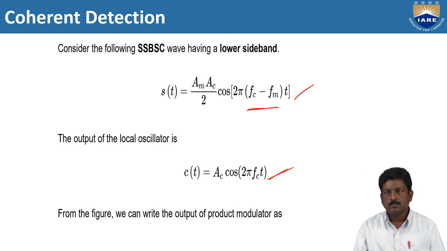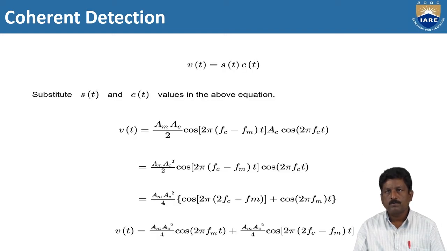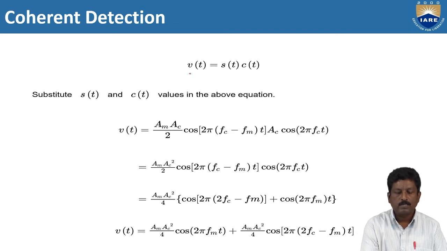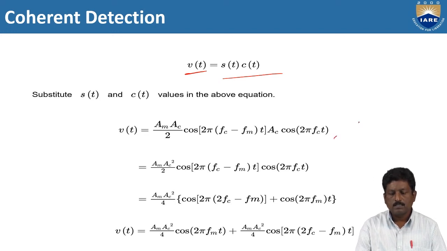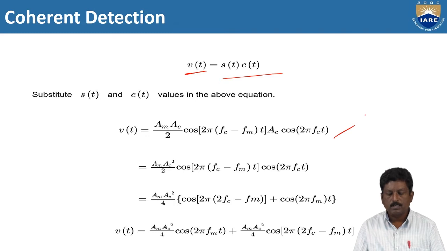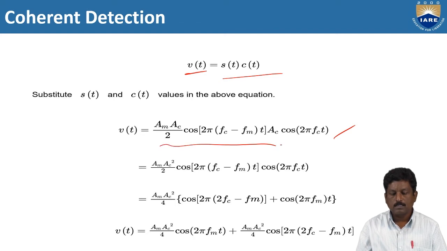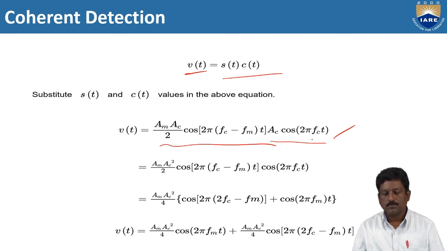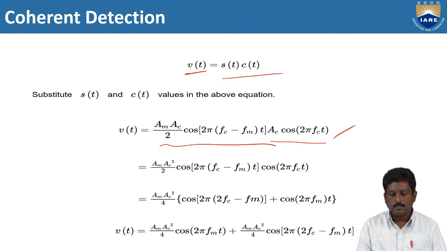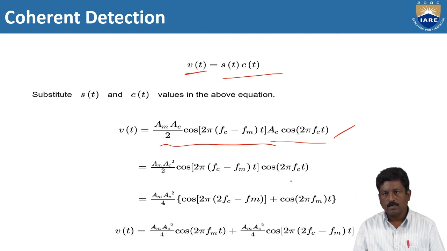Once you have these two, the output of the product modulator is given by e(t), the product of both input signals c(t) and s(t). By applying the cos A cos B formula and substituting s(t), the lower sideband Am Ac/2 cos 2π(fc − fm)t, and the carrier signal Ac cos 2πfct, you get a combination of both low frequency and high frequency components.